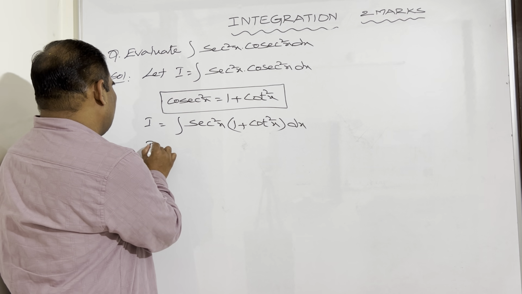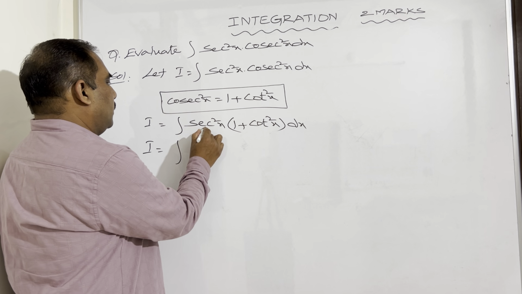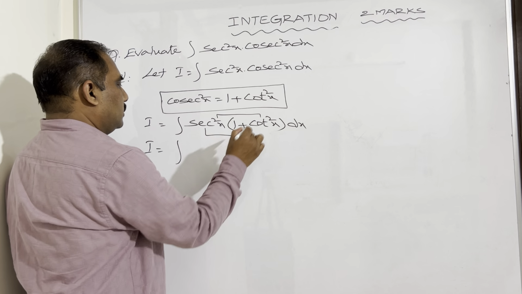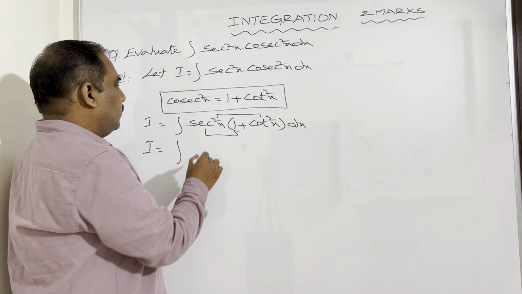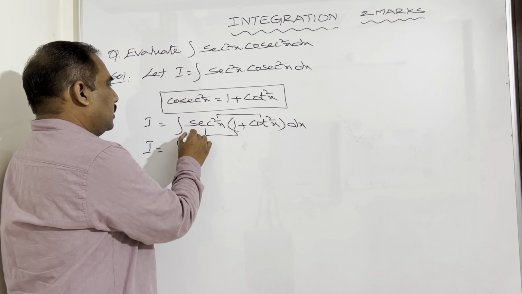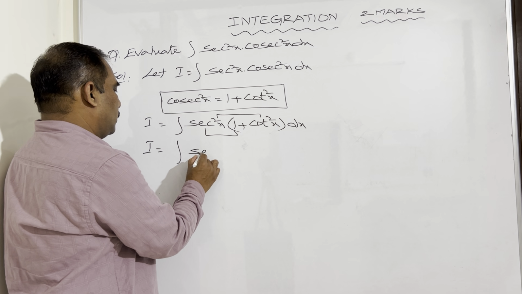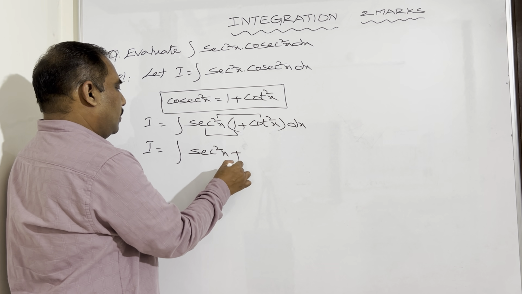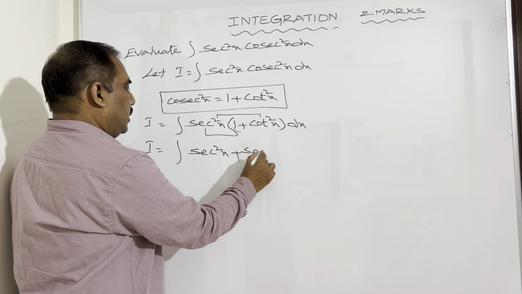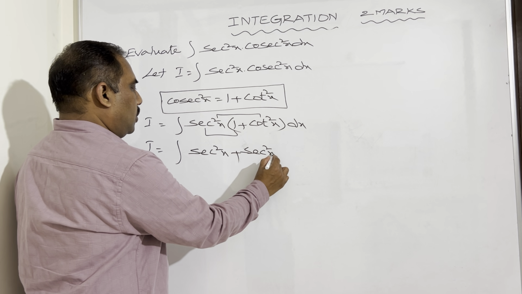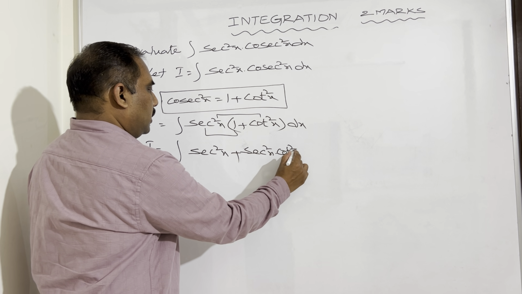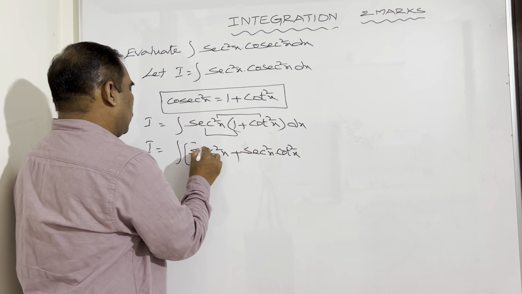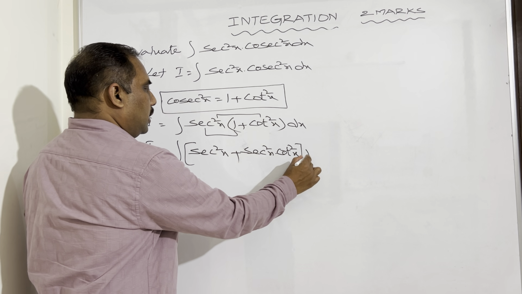So now I is equal to integral, if you multiply these two terms by secant square x, we get secant square x into 1, plus secant square x into cot square x, into dx.